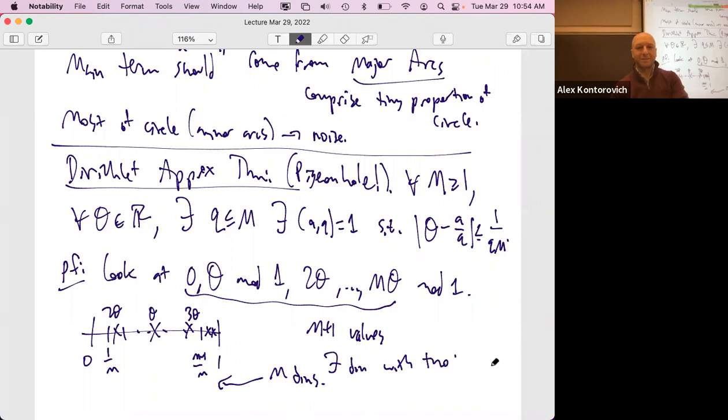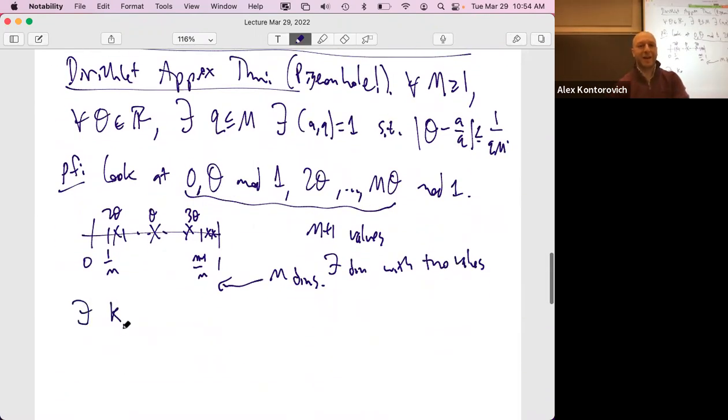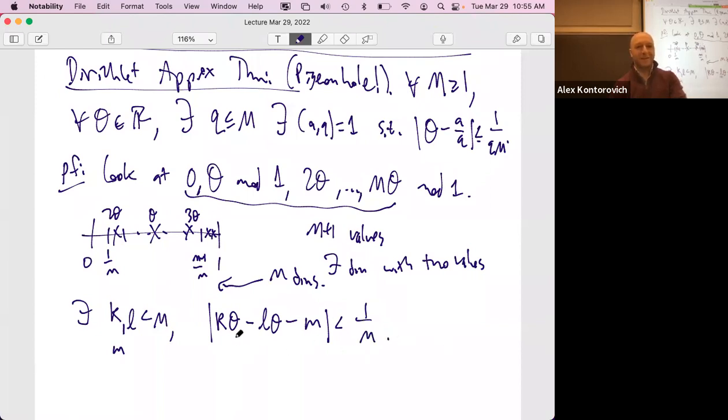What that means is there exist k and l at most m, so that k theta minus l theta minus some integer is less than 1 over m. So these two values are within 1 over m of each other, modulo an integer.